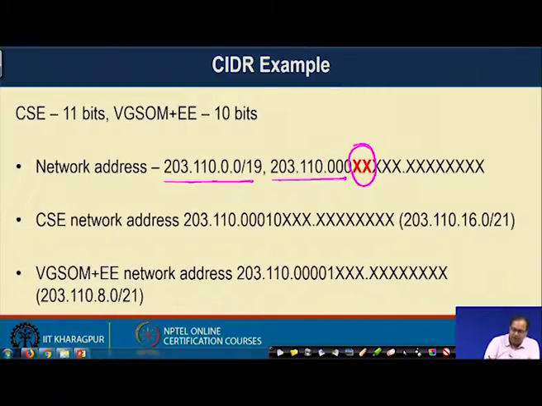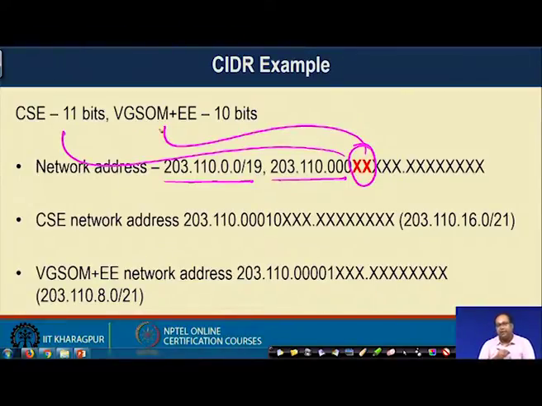One subnet is for CSC, another subnet is for VG-SOM plus E. So, let us use 10 to denote the CSC network in the place of these 2 bits. So, if I use 10 here, then I have 8 plus 3, 11 bits available to address all the hosts in the CSC network.